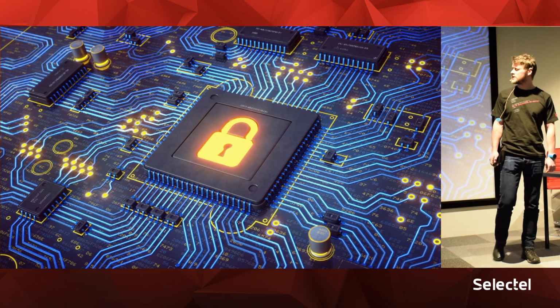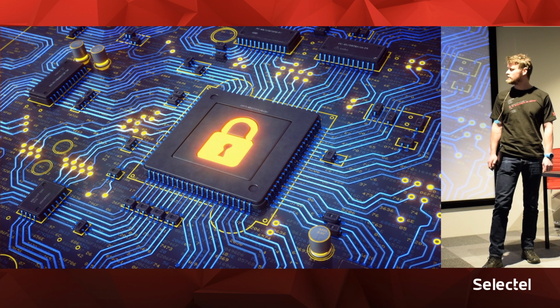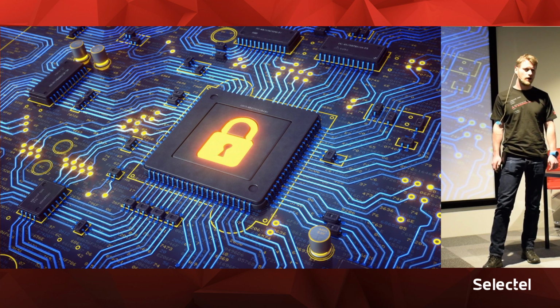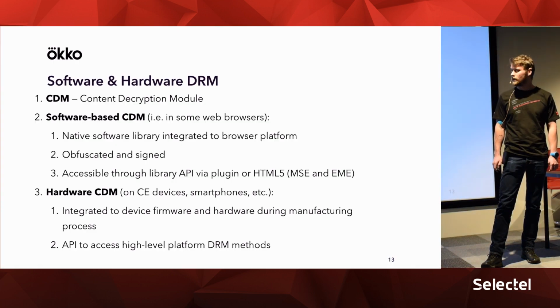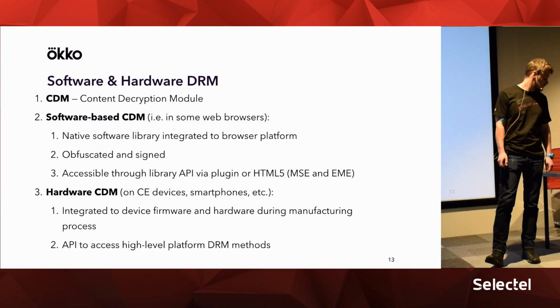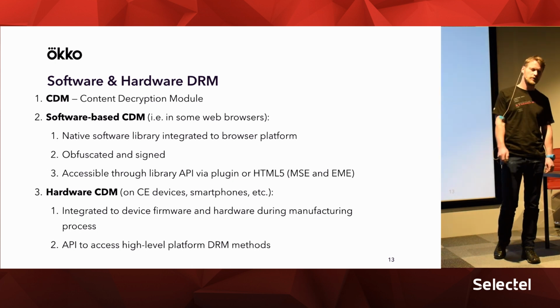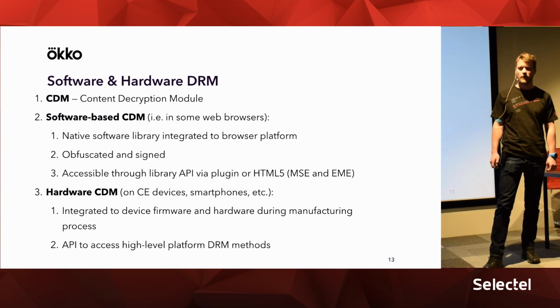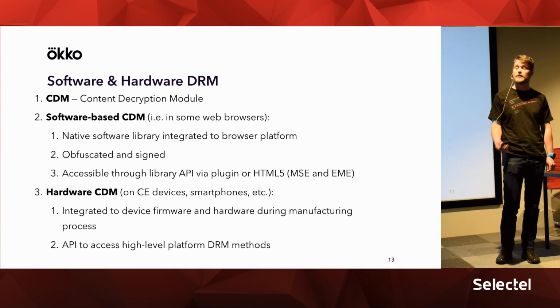And sometimes this secure place is not inside the software platform, but inside the hardware system on chip on the device. For the browsers, as you can imagine, it's not impossible, but it's impossible on Chrome on Android. But in general, on browser platforms, this is a software content decryption module, as it's called.